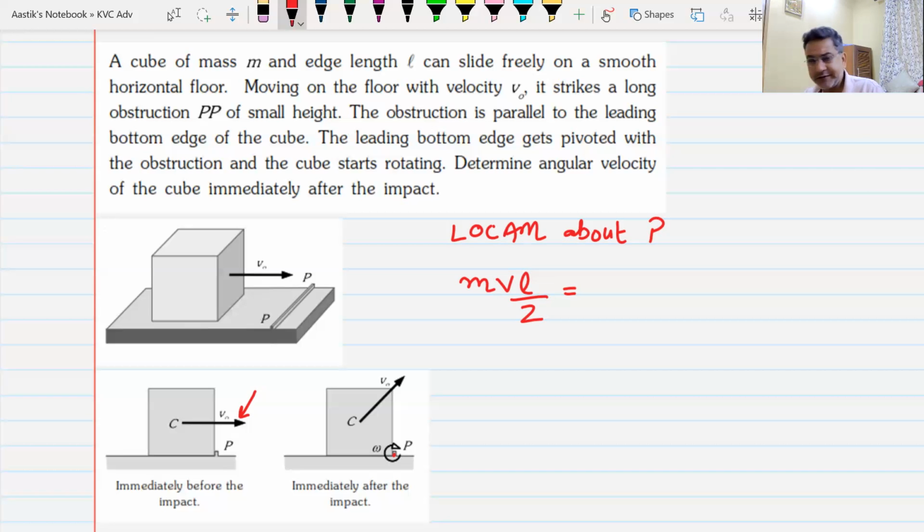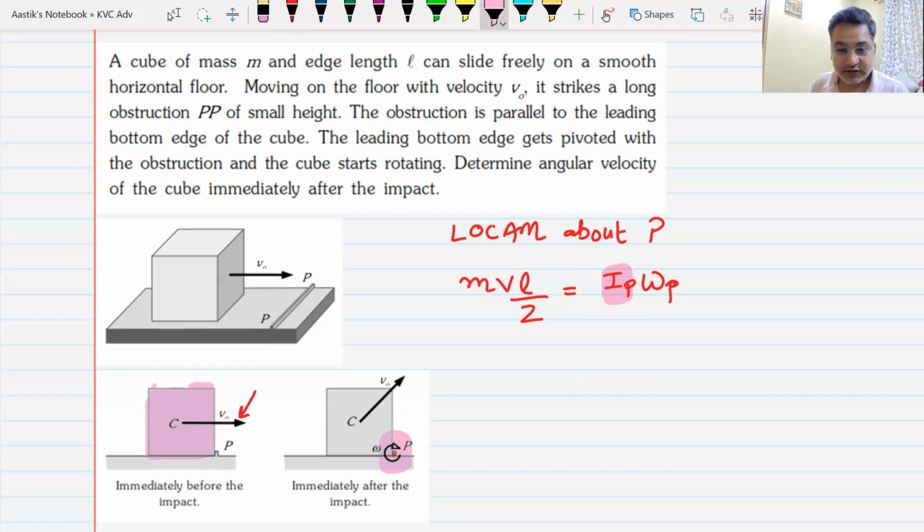Momentum about the point P. It is going to rotate. mvl by 2. Do we understand this? Yes, sir. Then the final angular momentum will be moment of inertia about the point P into angular velocity about the point P. So basically this question is just, you just need to find out the moment of inertia of this body, which is a cube, about this point P. That is the entire question.